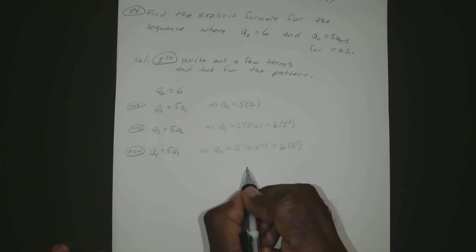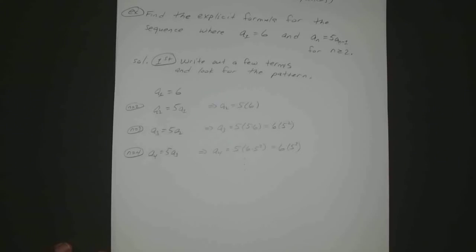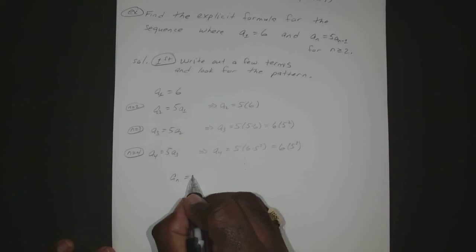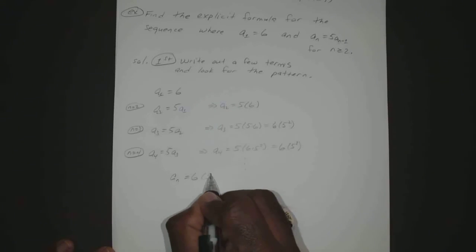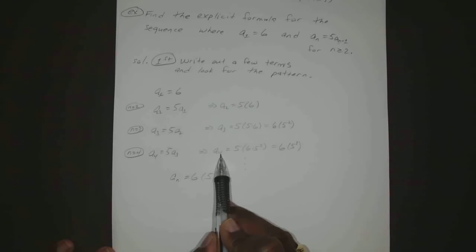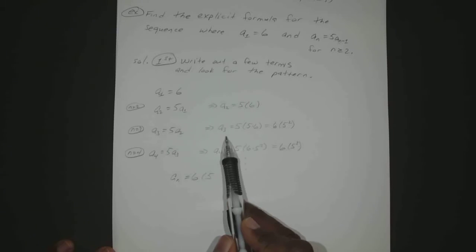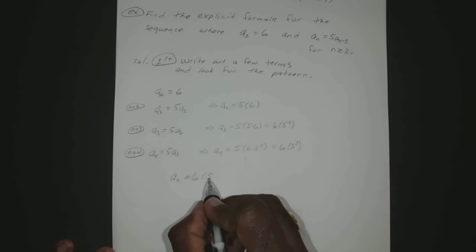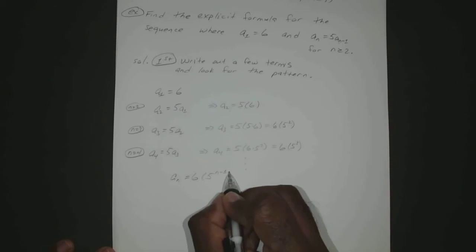So you can kind of see where that pattern's going. So it's safe to assume that our nth term would equal 6 times 5. Now if you notice here, the fourth term has a third power. The third term has a second power. The second term has a first power. So that would be 5 to the n minus 1.